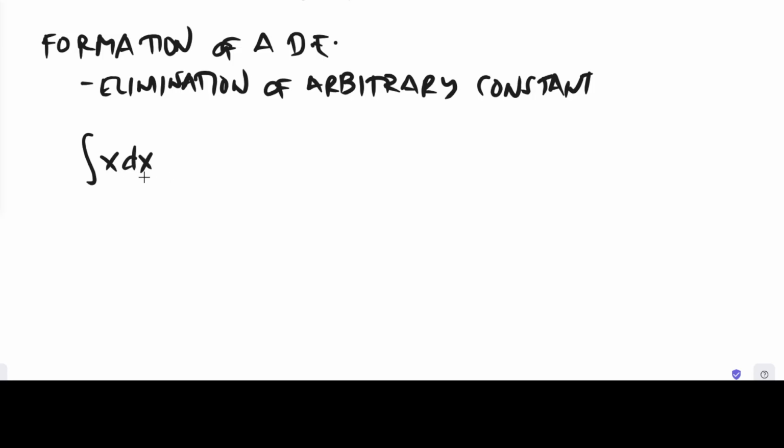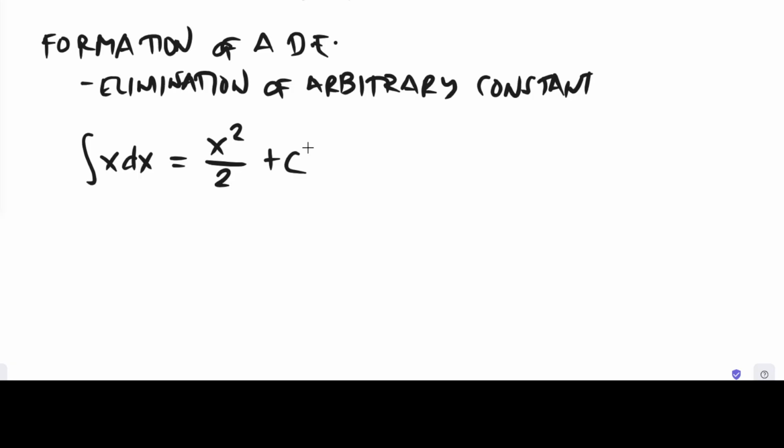Elimination of arbitrary constants. Now, what is an arbitrary constant? Remember when you do an integration process, for example, the integral of x dx, which equates to x squared over 2 plus c.